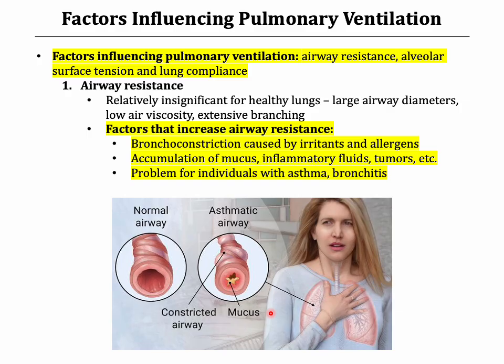It causes bronchoconstriction, so the muscle in the bronchioles is going to contract, reducing the diameter, but also cause an accumulation of inflammatory chemicals and fluid and mucus. It really causes a lot of resistance in the airway for those individuals. It makes it really hard for them to breathe. Right, so there can be different things, irritants and allergens, that trigger it for that person.